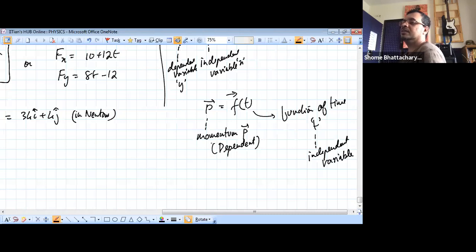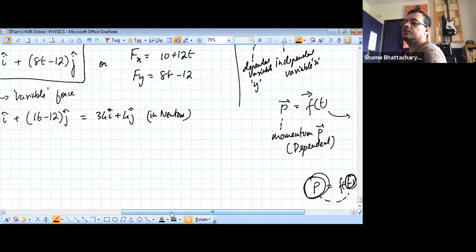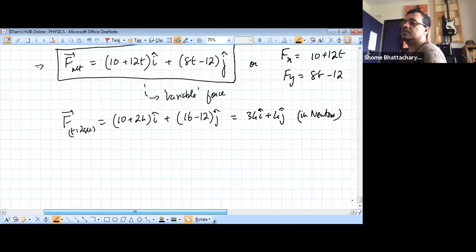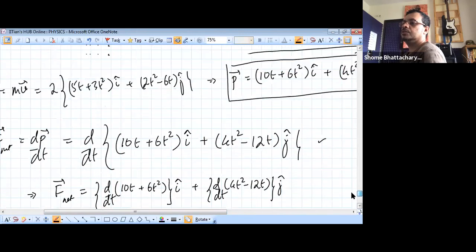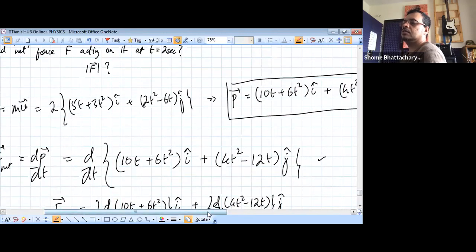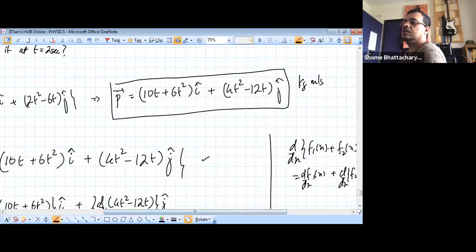So there's some relation between the linear momentum and the time t, such that that relation defines the dependence of linear momentum on the independent value of time. So that is what we've done above. We've expressed this equation, you can see, with the left hand side as the dependent variable of momentum in terms of the independent variable of time on the right hand side.